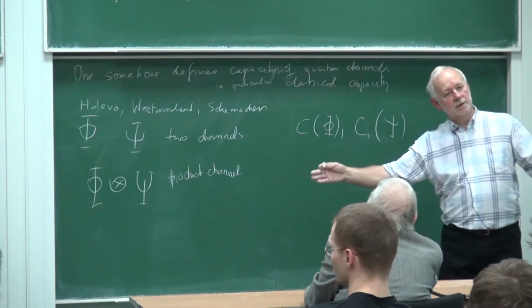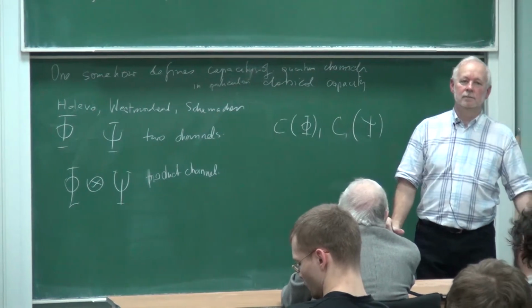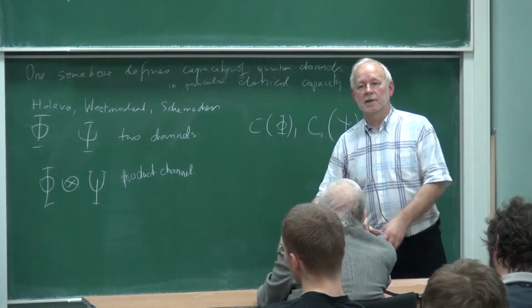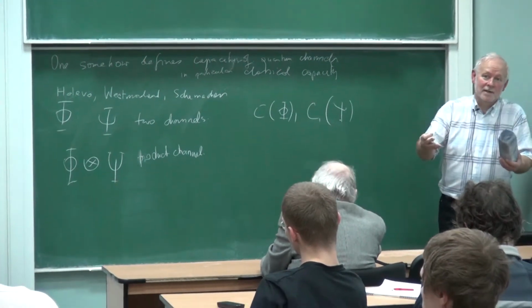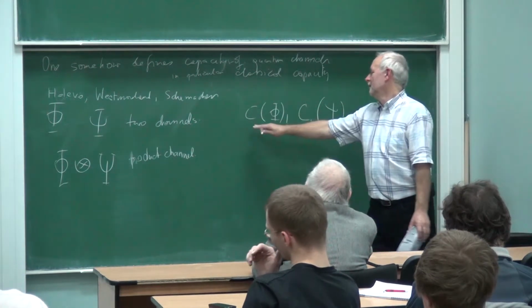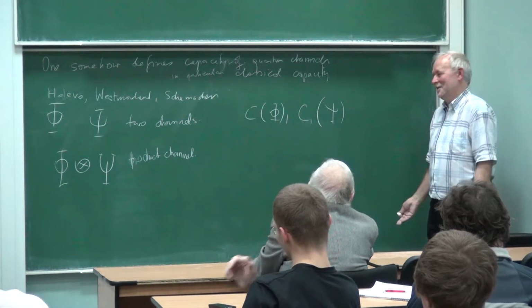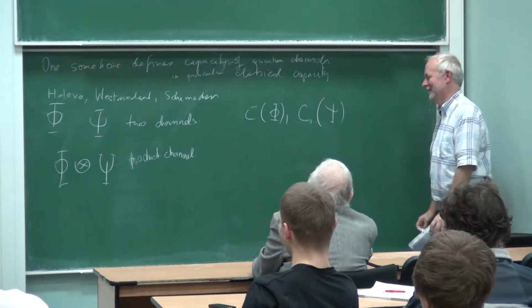So how many bits you can send by using it n times, and then divide it by n. You send and receive, right? How many bits? Well, reliably send to the other party. If you don't care about receiving, sending is very easy, right?